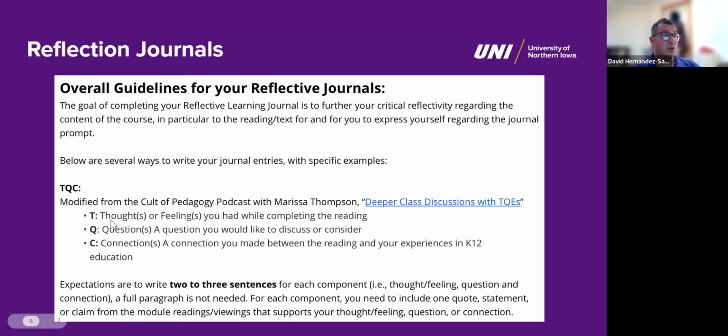So in addition to your own thought, question, connection, you would want to connect it to a quote or a statement or a claim. It could be paraphrased or directly quoted from the reading or the video or the PowerPoints.